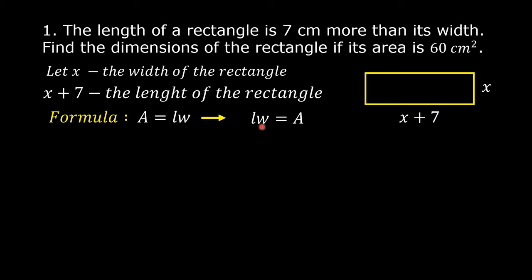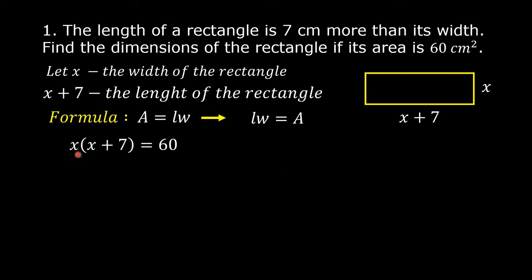Now, this can also be written as W times L. It does not matter whether you multiply the width first by the length or the length by the width because of commutative property of multiplication.